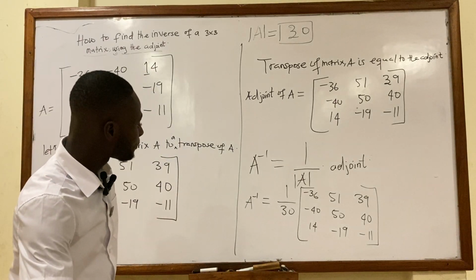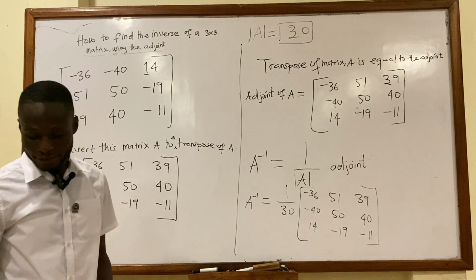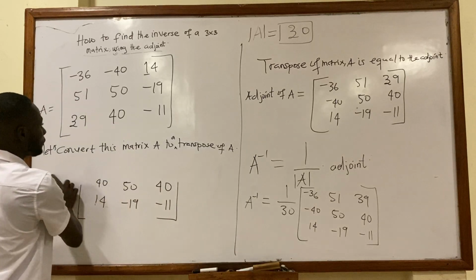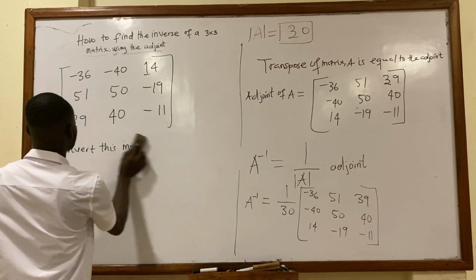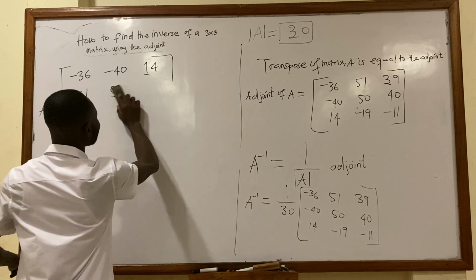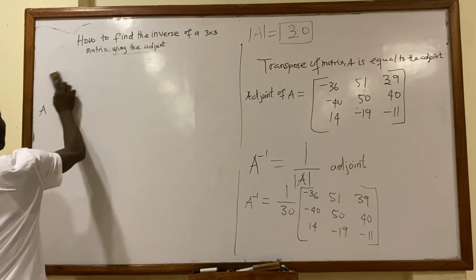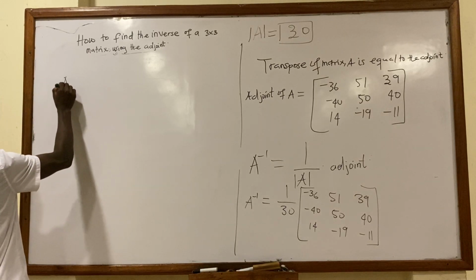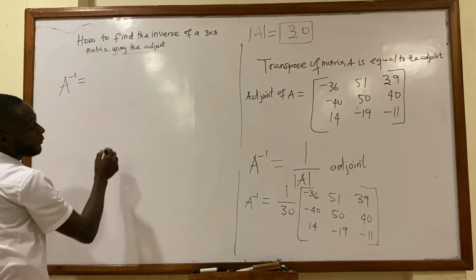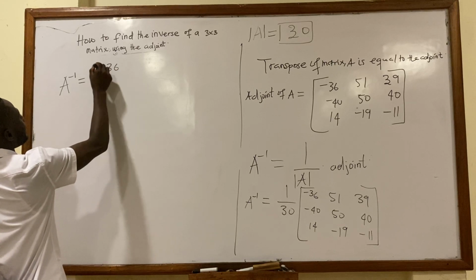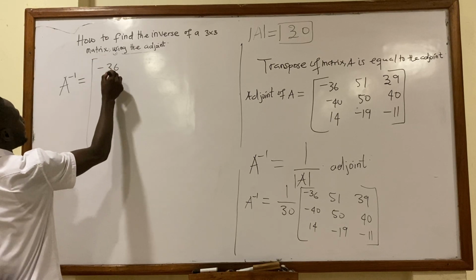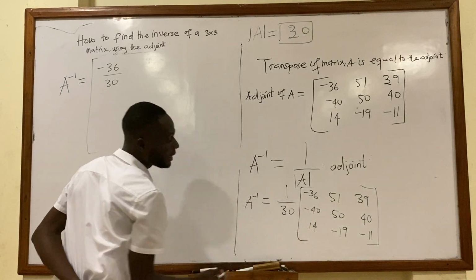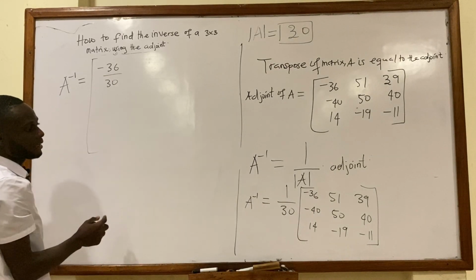So, as we have this, we can now split the 1 over 30 to all the items in the matrix, right? So we have A inverse equals minus 36 over 30. 1 over 30 times minus 36 is minus 36 over 30, right?